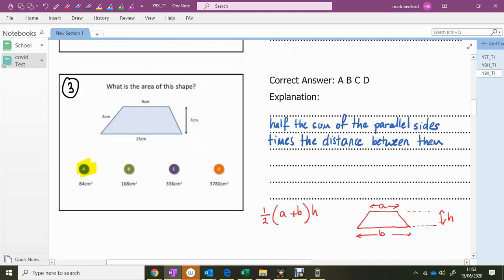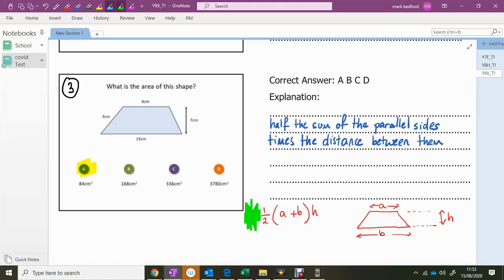On question 3, we're asked to work out the area of a trapezium. You've got two ways of doing that. The classic exam way is the one with the green by the side, where you're told a formula: half, then a plus b, which are your parallel sides, and then times that by the h. So you do the half times the sum of the parallel sides times the h.